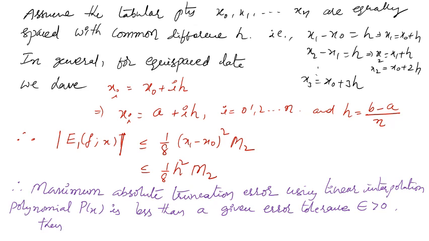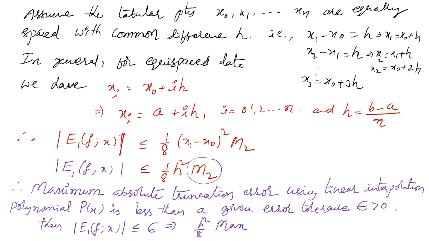Then modulus of E1 of f x is less than or equal to epsilon, which implies h square by 8 times the maximum of M2, that is f double dash x over the interval x0 less than or equal to x less than or equal to xn, that means the total interval [a, b], must be less than or equal to epsilon.